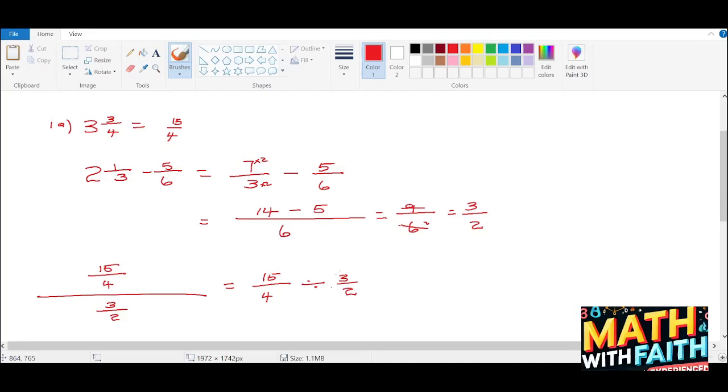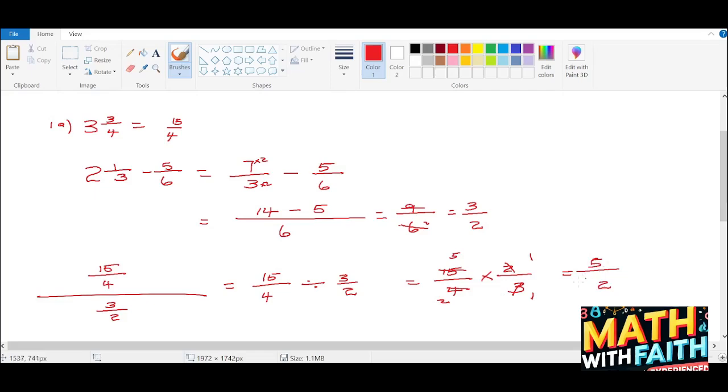And when we divide fractions, we simply change the division sign to a multiplication sign and flip the second fraction, right? And then we could cancel 2 into 2, 1, 2 into 4, 2. 3 could go into 15 as well. So 3 into 3, 1, 15 into 3, 5. And the answer I get is 5 by 1 is 5 over 2 by 1 is 2.